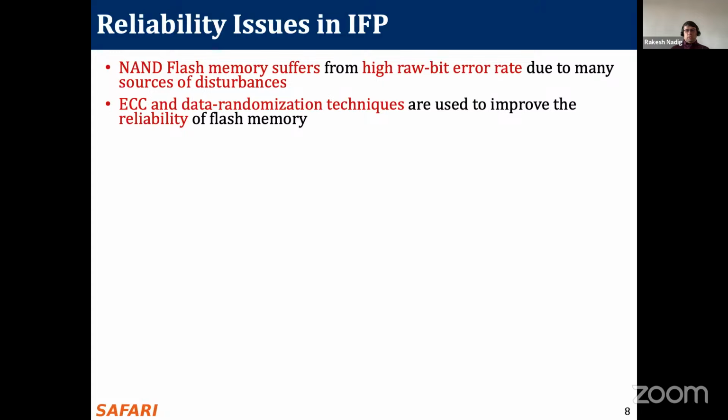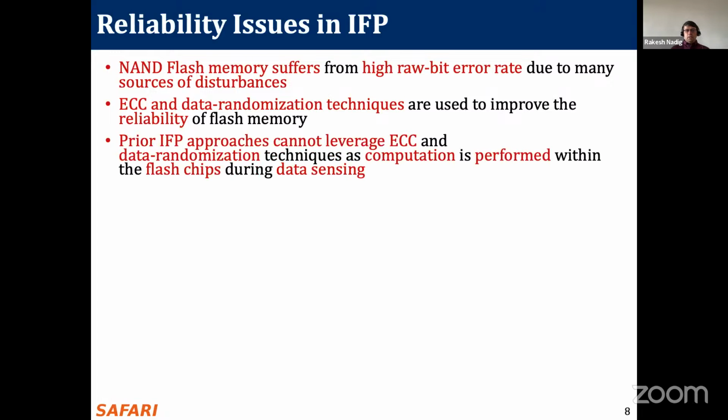To avoid this kind of data disturbance, in NAND flash memory we typically use ECC and data randomization techniques to make the operations more reliable. And these reliability techniques cannot be used by these prior IFP approaches or any IFP approach, because the computation is performed within the flash chips, and these techniques are not available in the flash chip itself.